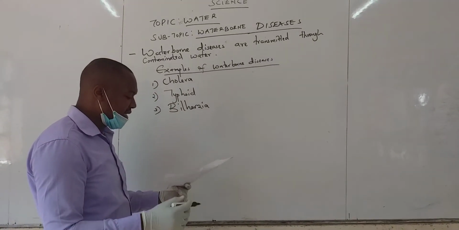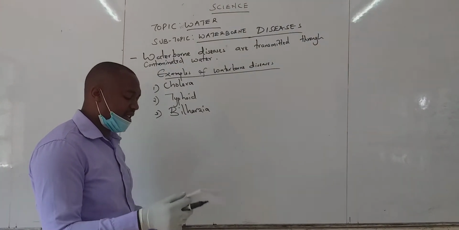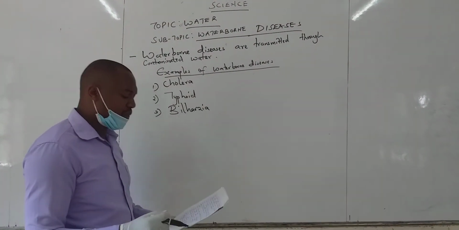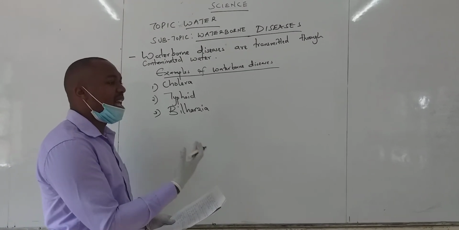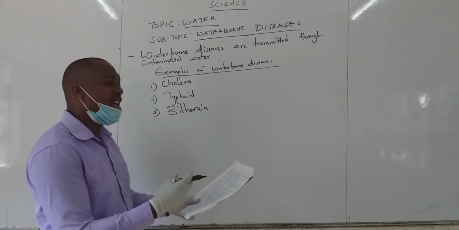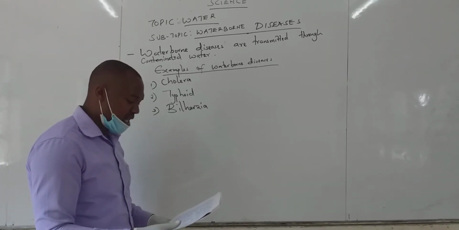Bilharzia is a very dangerous disease, because it is caused by what you call bilharzia flukes. These flukes come in contact with the body and get inside your skin, and then you suffer from this waterborne disease.